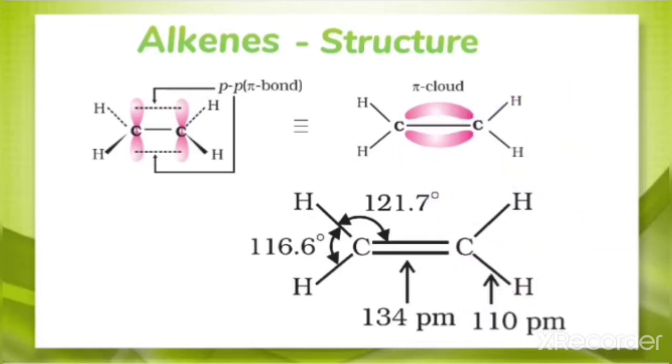Here the bond length between the 2 carbons is 134 pm, and the bond length between carbon and hydrogen is 110 pm, and the angle between these is 121.7 degrees, and the angle between the 2 hydrogens here is 116.6 degrees. So this is the idea about the structure of ethene.